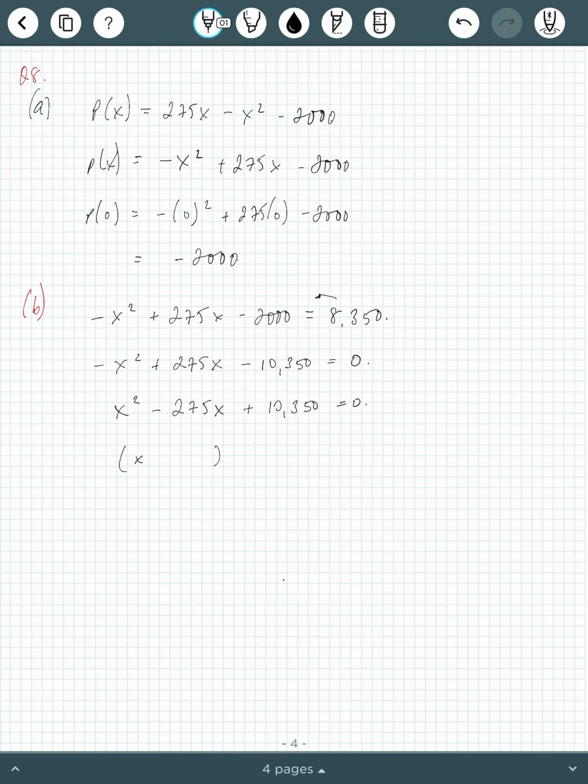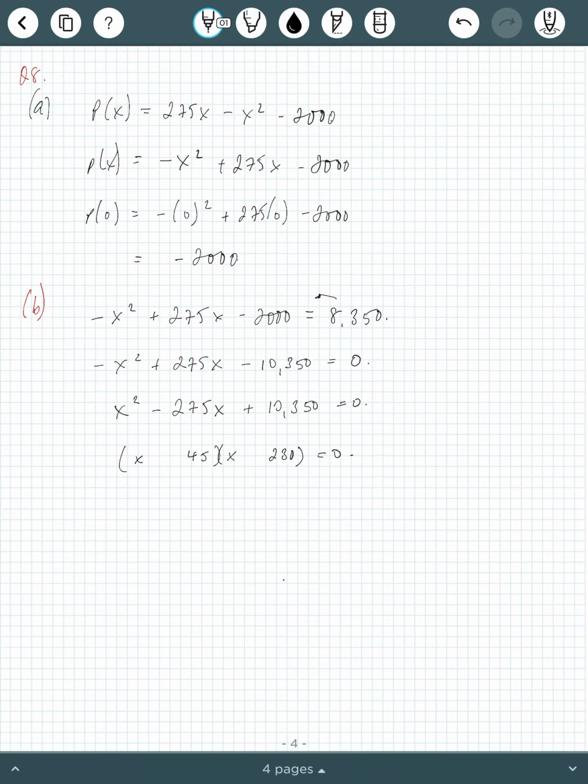Bracket, bracket. So take 10350 on your calculator and start dividing by certain numbers. I'll divide by 25 first. I get 414. 25 and 414 won't make up 275, so it's got to be higher than that. So 10350 divided by 40, it doesn't go in. 10350 divided by 45, and 230, there we go. So 45 and 230.